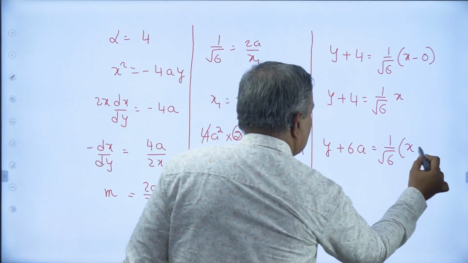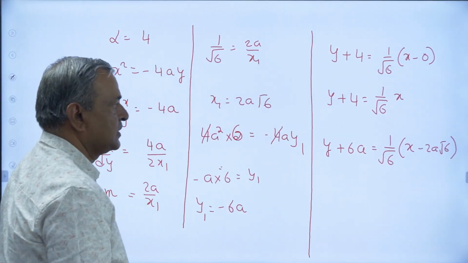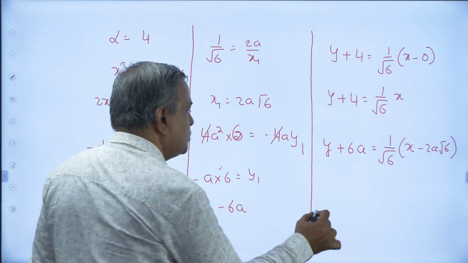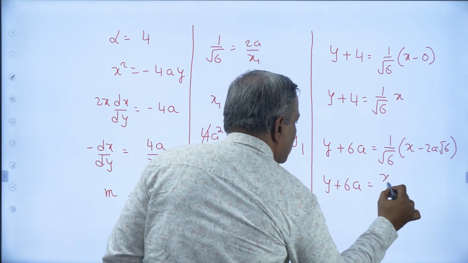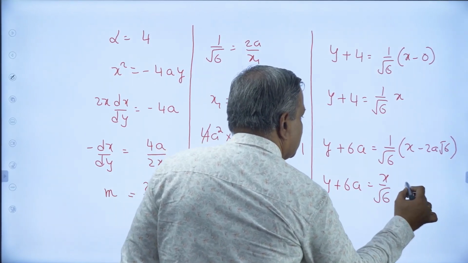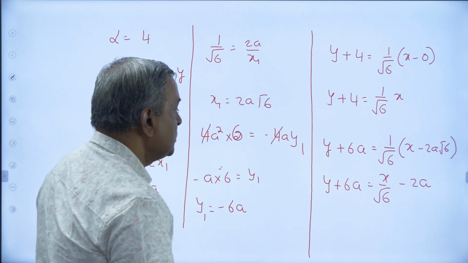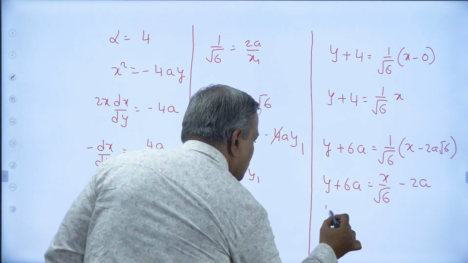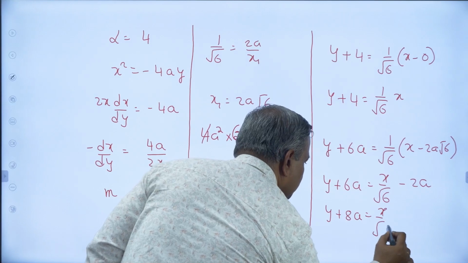How much you got? Minus 2a root 6. If we do, y plus 6a is equal to x by root 6, this will give you how much? Minus 2a. Correct? So we get y plus 8a is equal to x by root 6.